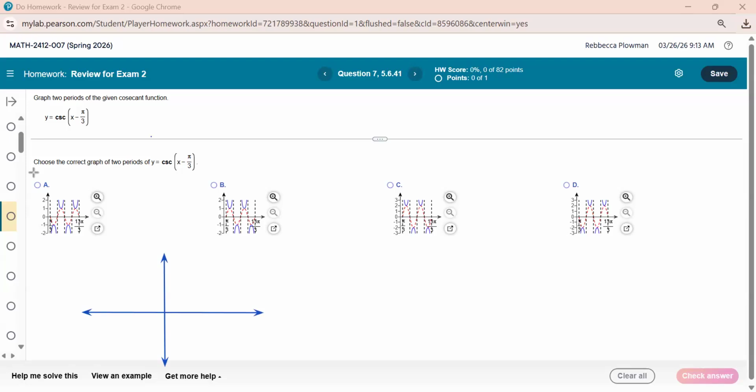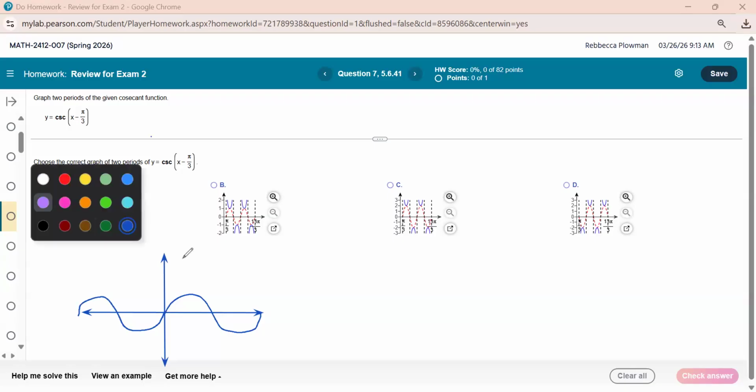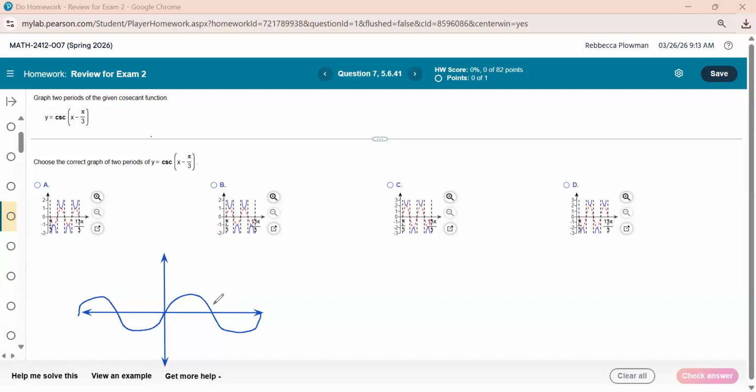So remembering what we are following, this is cosecant, so we're just looking at what sine looks like, and we're just doing the little flip. So there's an asymptote here, here, and here. So it should be opening like this.